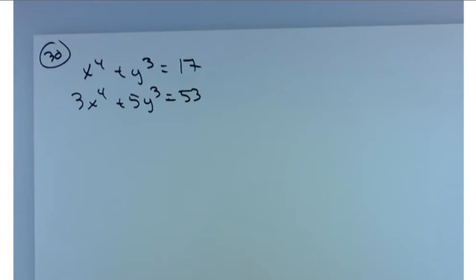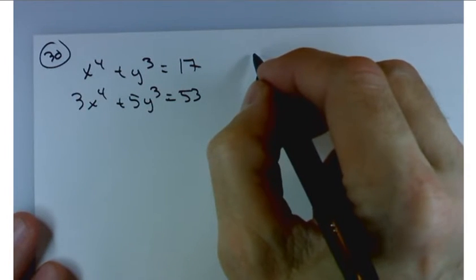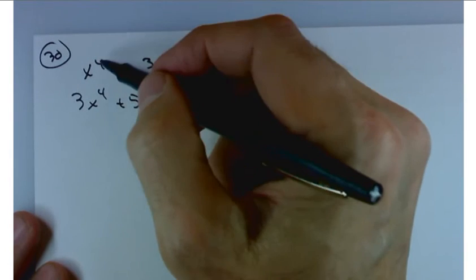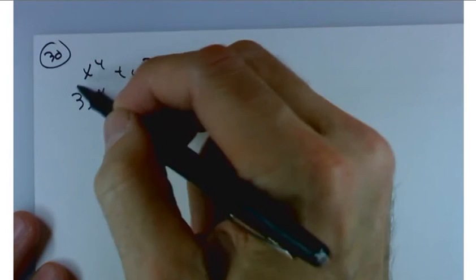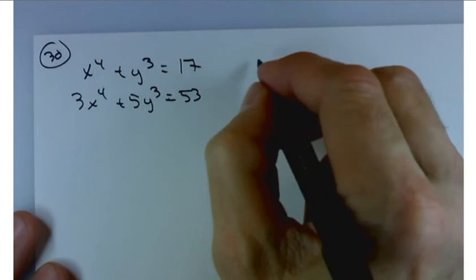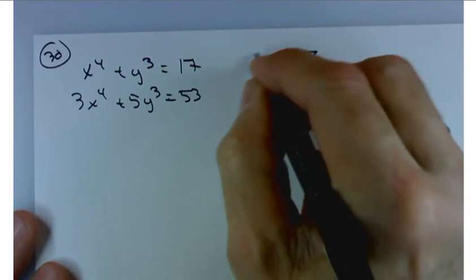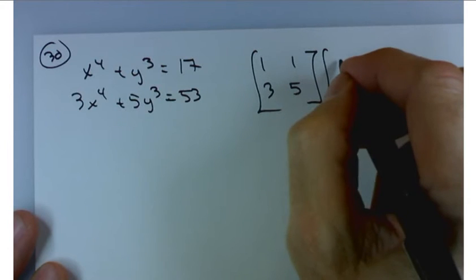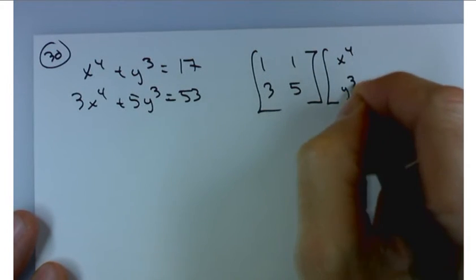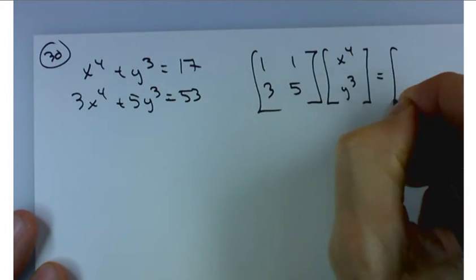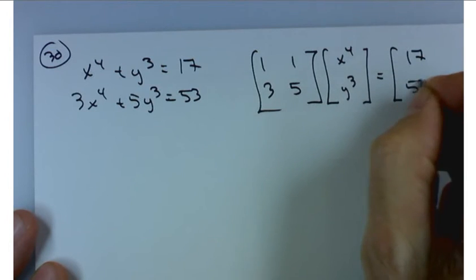Now, if you wanted to, you could solve this with a matrix system of equations because these variables are the same in both sets of equations. You could set up 1, 1, 3, 5, and then you'd have x to the 4th, y cubed equals 17 and 53.